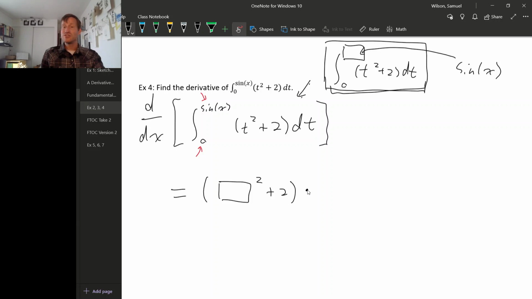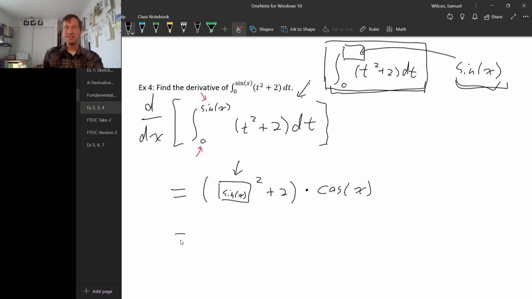And then the chain rule says two more things. You multiply by the derivative of the inside function, and the derivative of sine of x is cosine x. And also, the chain rule says that you have to take the inside part and put it into the derivative of the outside part. So we have to put sine of x in here.